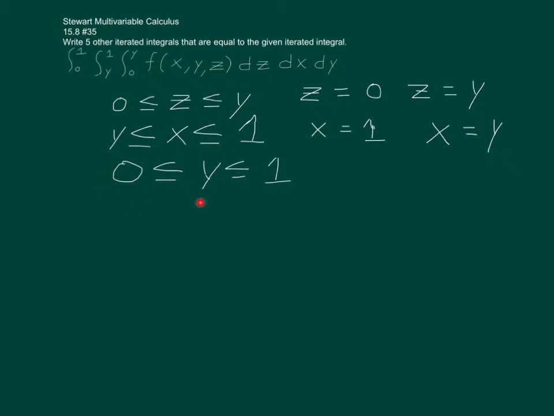So we're just going to go ahead and use that same concept and go further with the y variable. So from the y variable we can find y is equal to 0 and y is equal to positive 1.